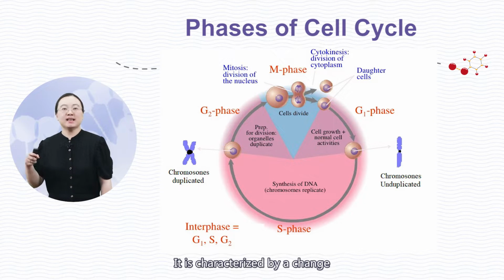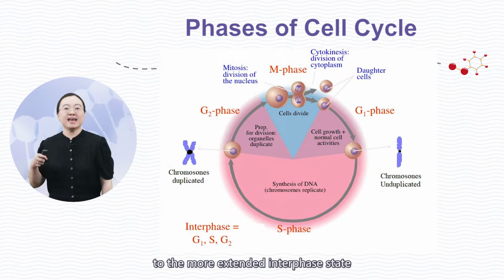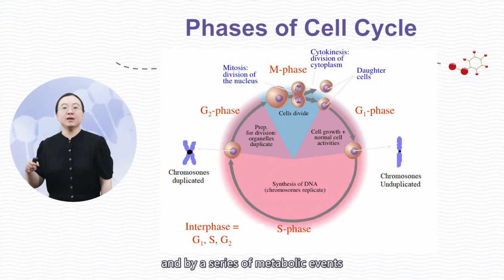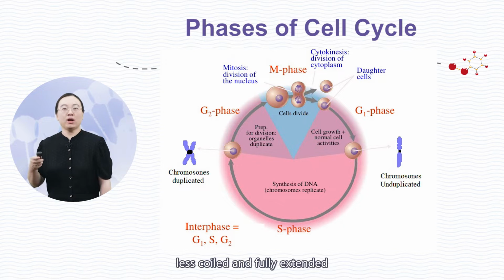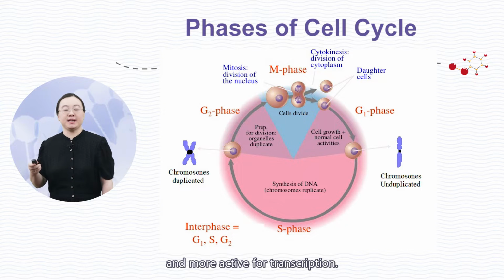The G1 phase is set in immediately after the cell division. It is characterized by a change in the chromosome from the condensed mitotic state to the more extended interphase state and by a series of metabolic events leading to initiation of DNA replication. During G1 phase, the chromatin fibers become slender, less coiled, and fully extended, and more active for transcription.